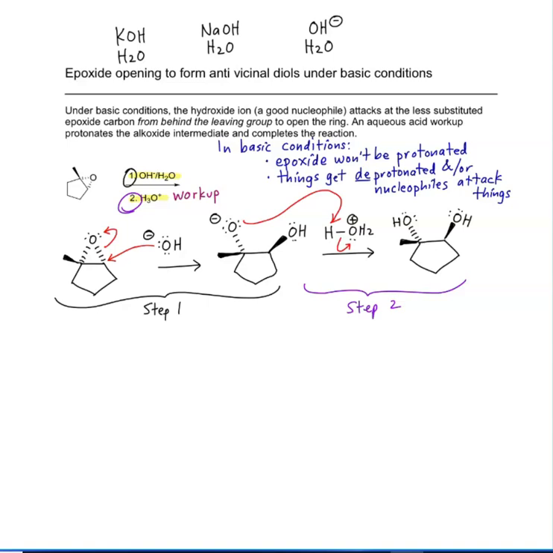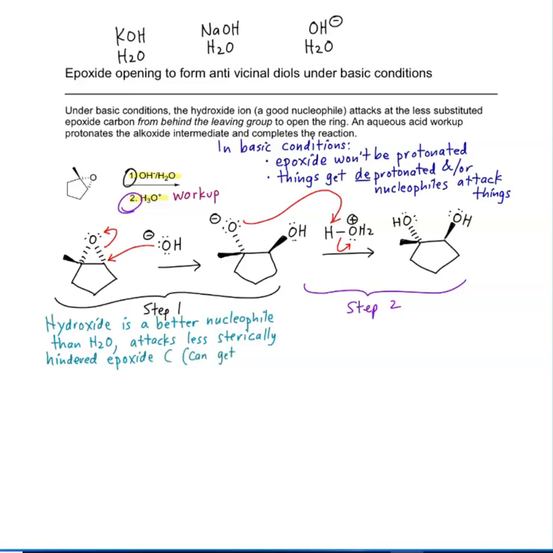Okay, so in our first step, hydroxide, because it's a better nucleophile than water, attacks the less sterically hindered carbon in the epoxide. And that is because it can get to it faster.